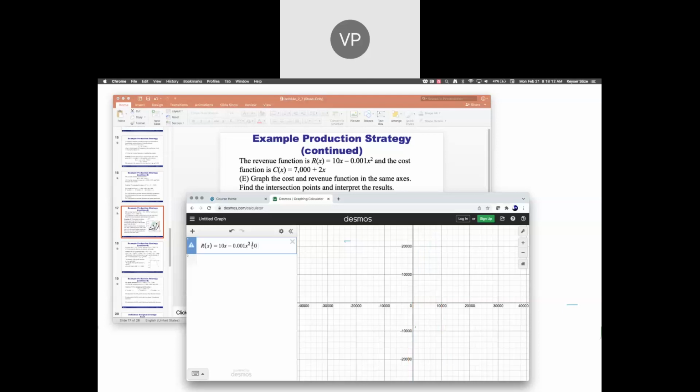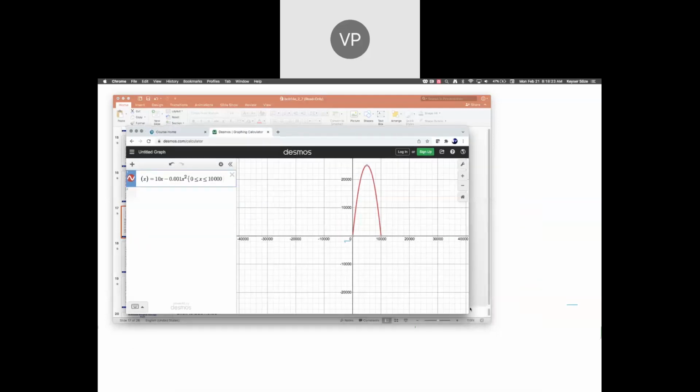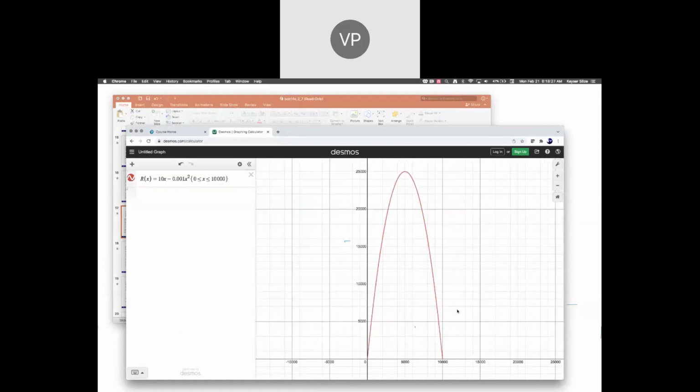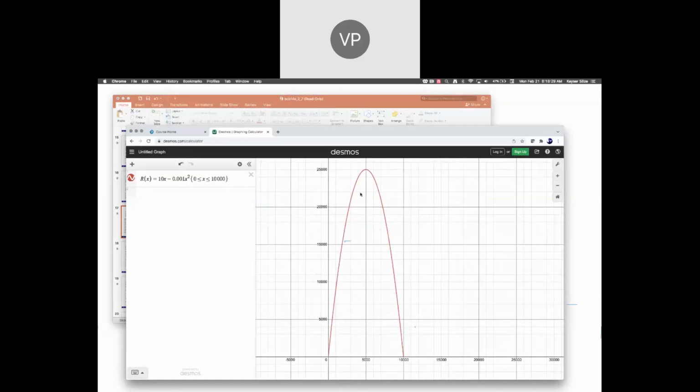Like we know it's going to be less than or equal to x less than or equal to 10,000. And you see now your graph is just within the area we care about. I'm going to focus on that right there. Okay, so that's our first function.